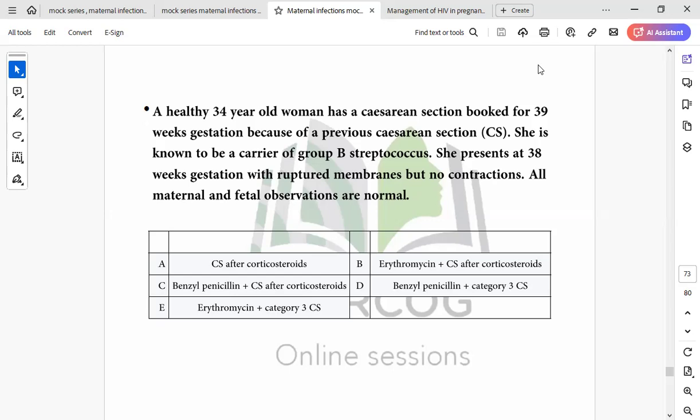There are no contractions, and she is already planned for cesarean section at 39 weeks. She needs IAP because the membranes are ruptured.